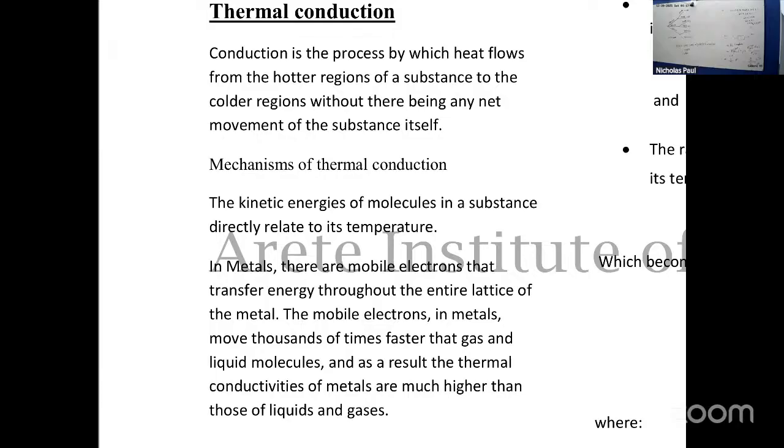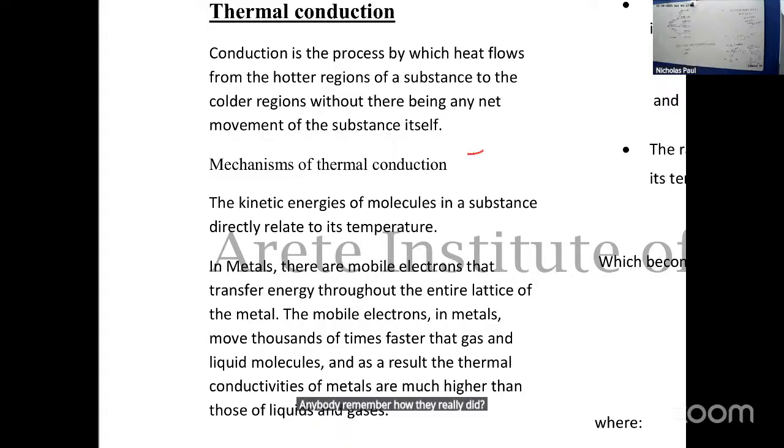Right, mechanisms of thermal conduction. All this is in your handout, right? We just want the important stuff. The kinetic energy of molecules in a substance is directly related to temperature, right? Anybody remember how they're related?